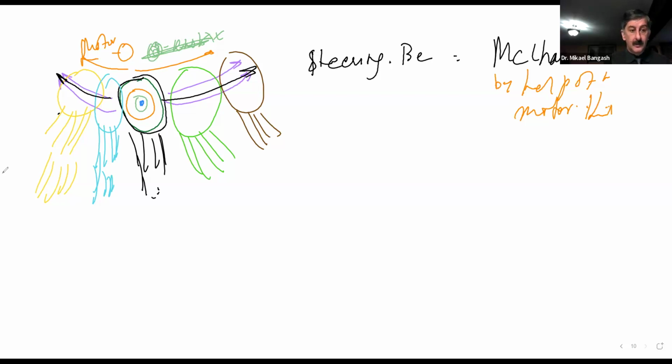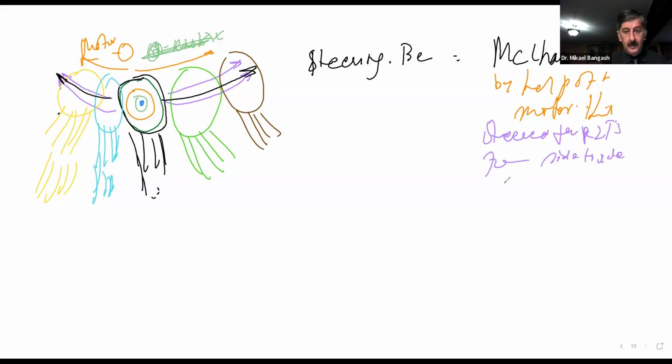Which means we're going to call it steering the PCTs from side to side.